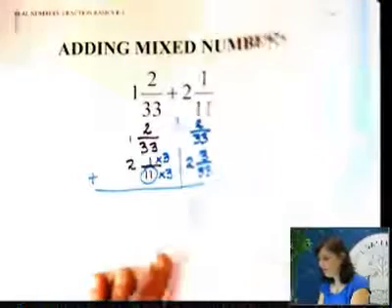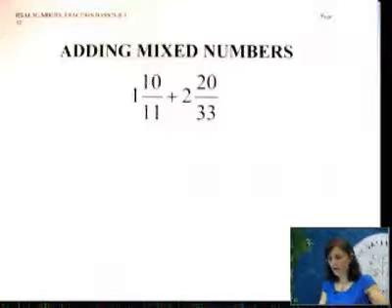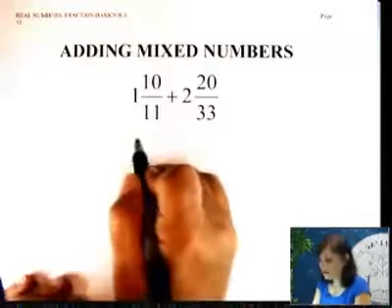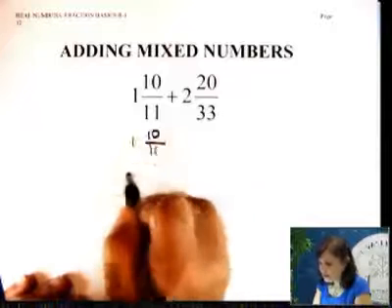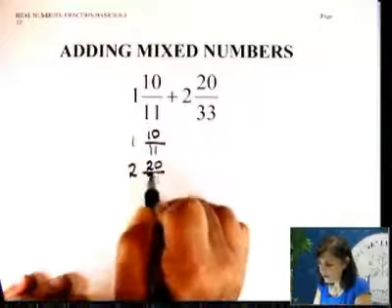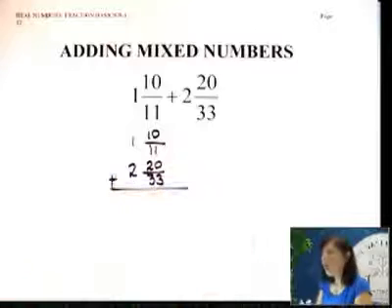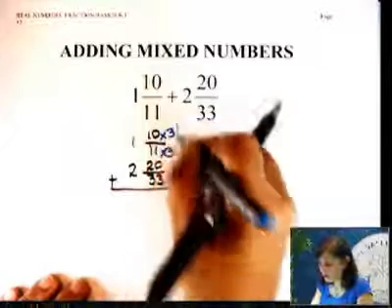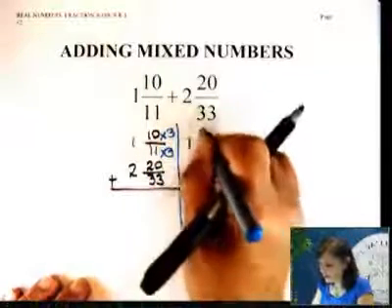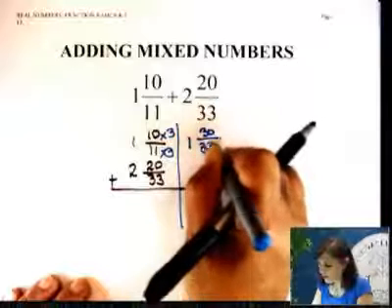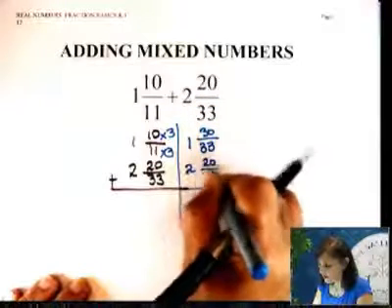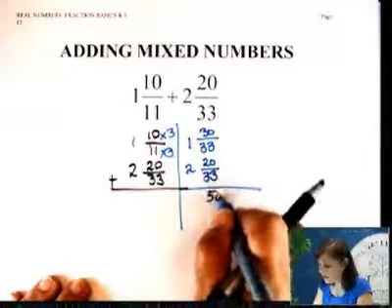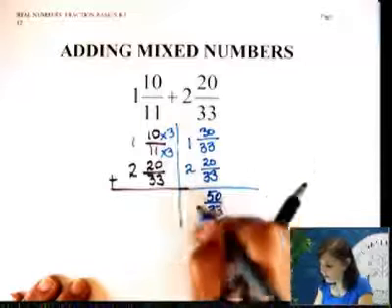That I'm done. Okay. Now, let's do another one. This one, I write them vertically again. Here we go. Now I need to match the denominators. That means I need to multiply top and bottom by 3 and rewrite. Now I add 30 plus 20, that's 50. 2 plus 1 is 3.